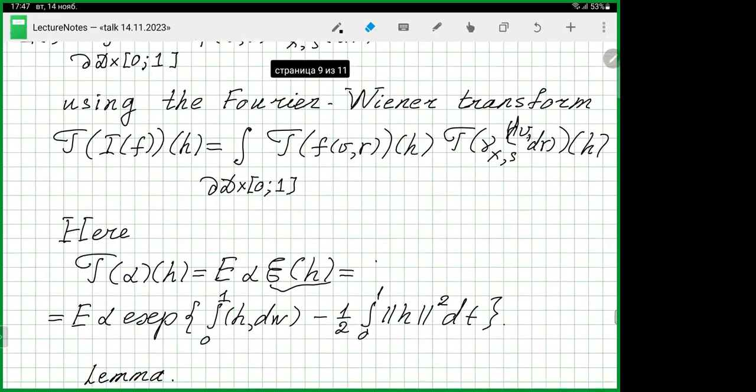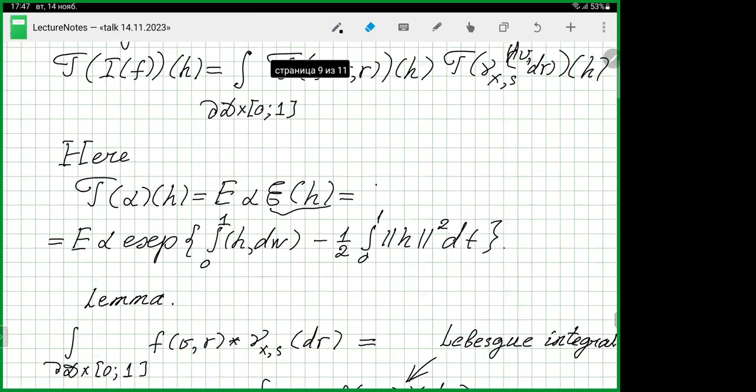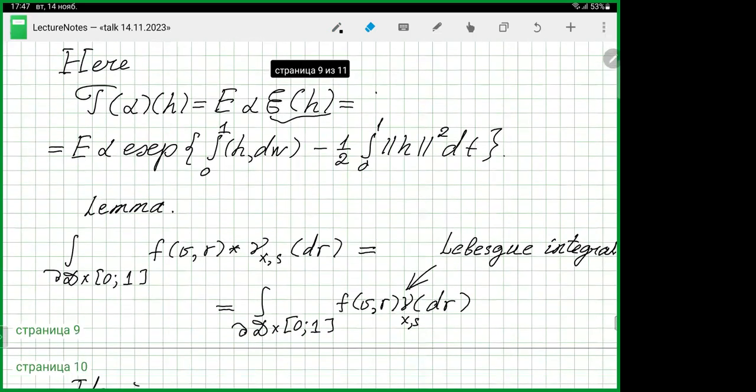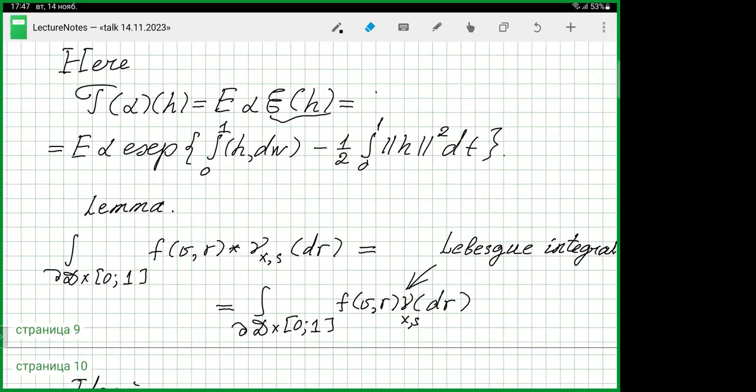So we have such a definition, and there exists a very nice lemma now. This lemma reflects exactly the situation with the Ito integral, because I think that most of the audience of our seminar today remember the time when it was first discovered that the Skorokhod integral coincides with the Ito integral, in case when the Ito integral is well defined.